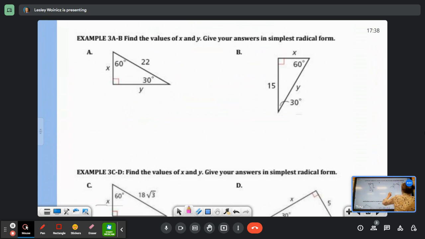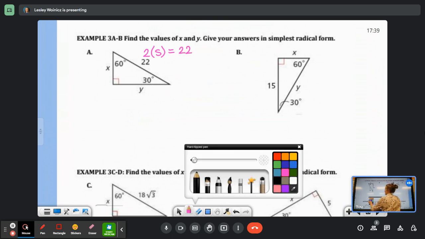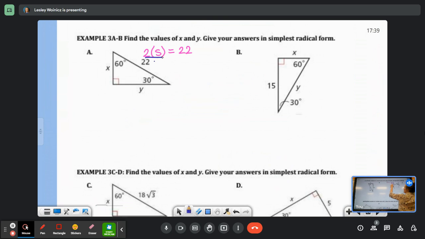So this is my hypotenuse, and my hypotenuse is 2 times my short side. So 2s equals 22. If I divide both sides by 2, I know that my short side has to be 11. Looking at this, my short side is always opposite my smallest angle.